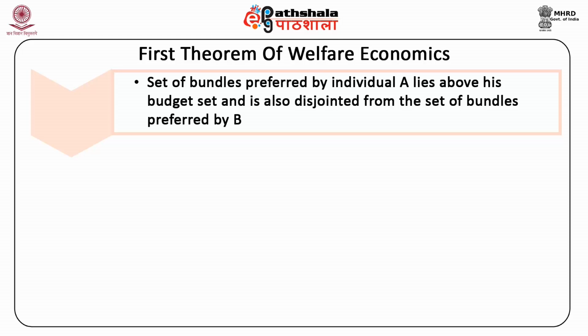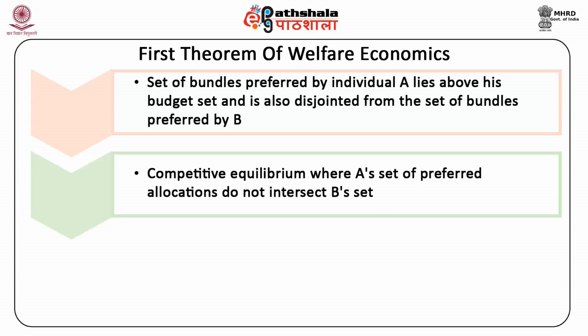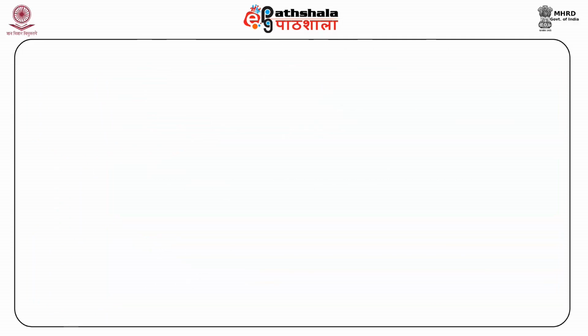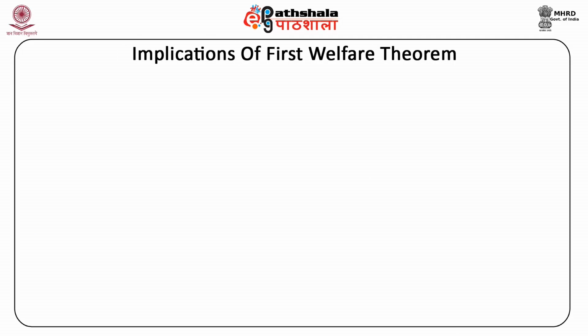All these conditions are satisfied by a competitive equilibrium where A's set of preferred allocations does not intersect B's set, that is, ICs are tangent to each other and to the budget line, and there are no allocations that both the agents simultaneously prefer to the equilibrium allocation.